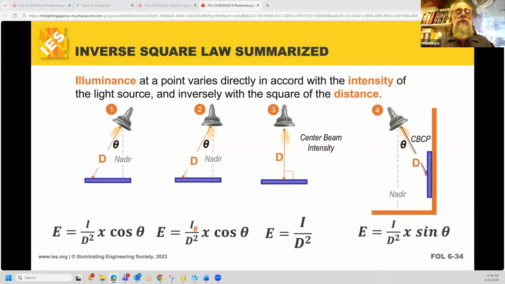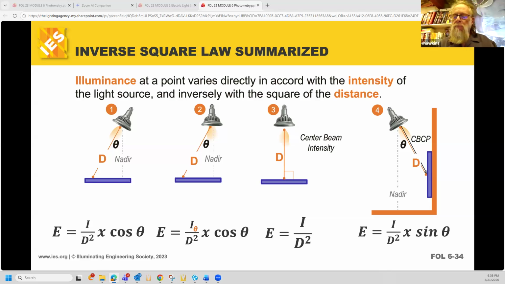Right? They show you different ways to do this here. One of the easiest things, and something that I actually use fairly often, right, is you come over to number 3 here. Remember I talked about when you're directly over a point, that cosine value goes to 1, right? So now all you're left with in that calculation is illuminance equals intensity divided by distance squared.